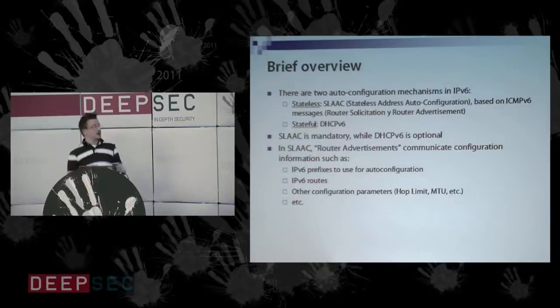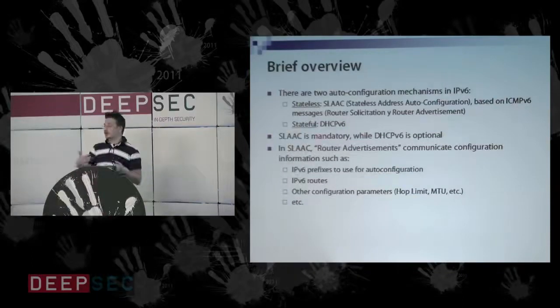Essentially, the way SLAAC works is that when you connect the host to the network, it sends a request to any router that might be connected to the same network, and it gets all the configuration information in an ICMP message. These router advertisements, the messages that you get from the routers, contain all sorts of configuration information, such as prefixes, routes, and some network parameters such as hop limit, MTUs, and so on.